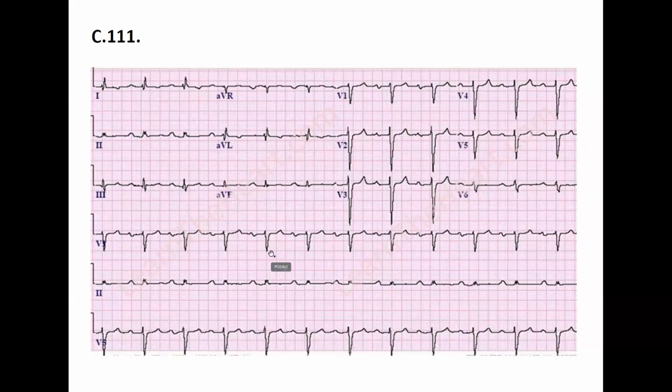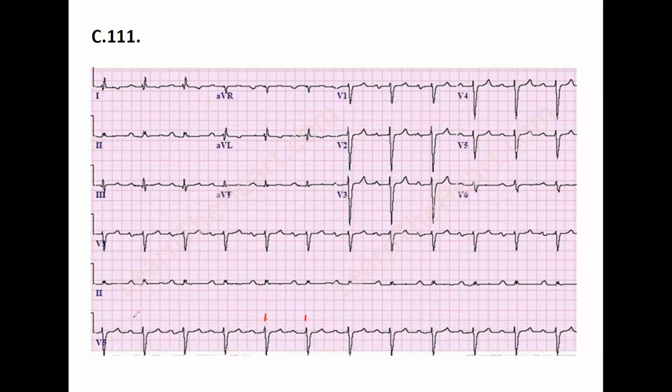111. Okay, that's a simple one. Go on. So it is rhythmic, and the heart rate is 75 because there are like four squares between the QRS, the RRs. And the axis is normal. In lead 2 there are P waves, and AVR is negative, so the sinus is activated.